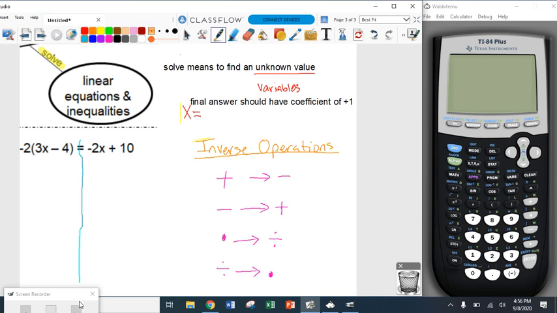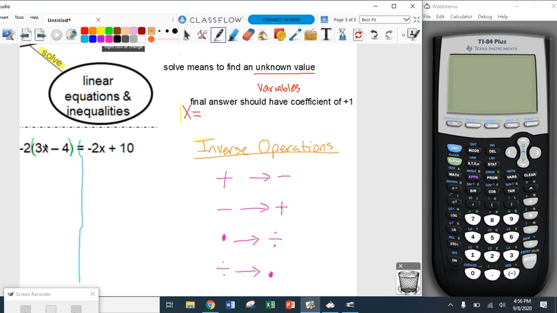When I look at the first side, the first thing I notice are parentheses. I remember from last week, parentheses mean to distribute or multiply. As a reminder, distribute means to take the number in front and multiply it to each term inside of the parentheses.